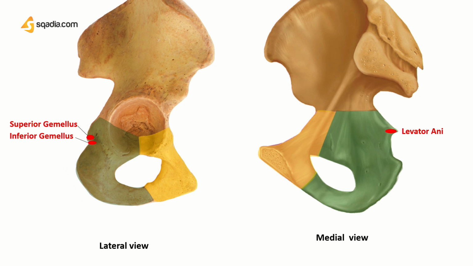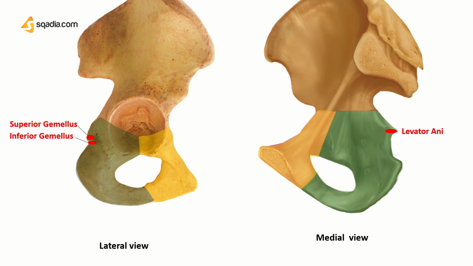Like the internal obturator muscle, the gemellus superior and the gemellus inferior help to steady the femoral head in the acetabulum. Both muscles also help to laterally rotate the extended thigh and abduct the flexed thigh at the hip joint by assisting the internal obturator.